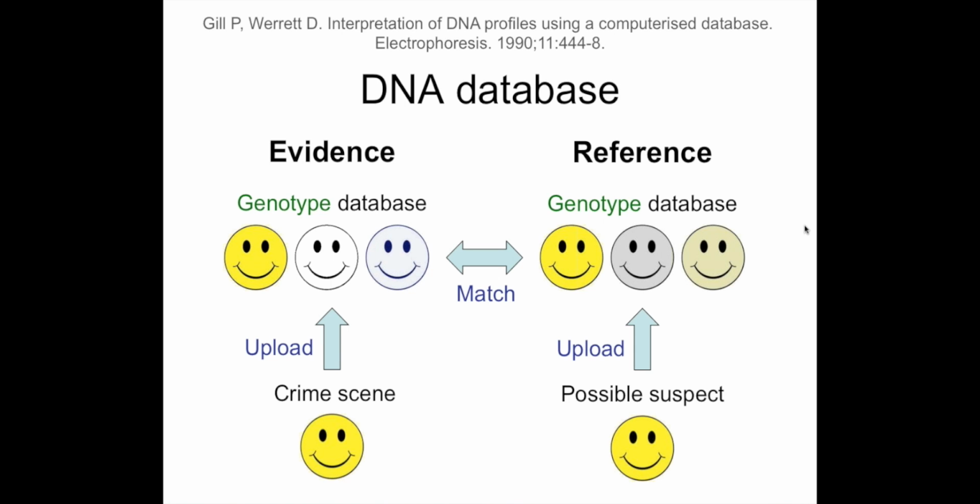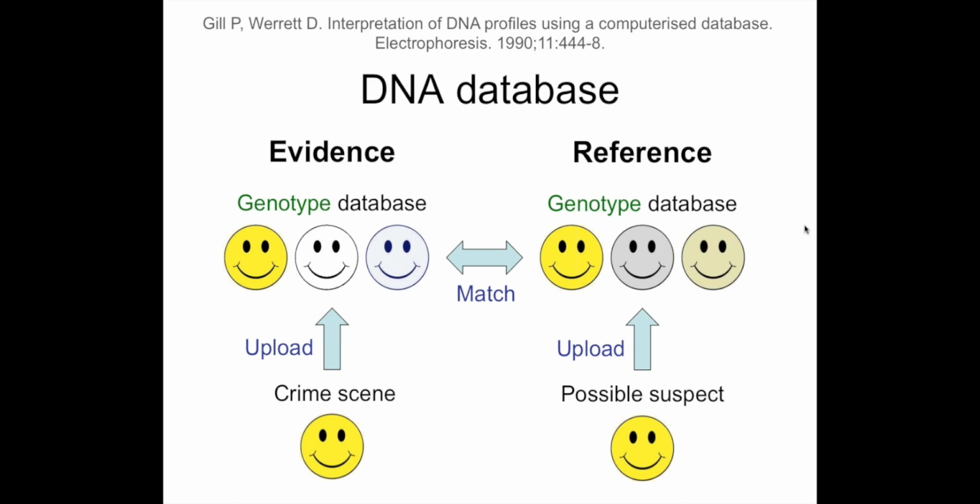And on the bottom right, there are possible suspects who could be convicted offenders or ultimately in England became all arrestees, and their cheek swab pristine single source profiles are then uploaded as genotypes to a genotype database that can contain hundreds of thousands of individuals.